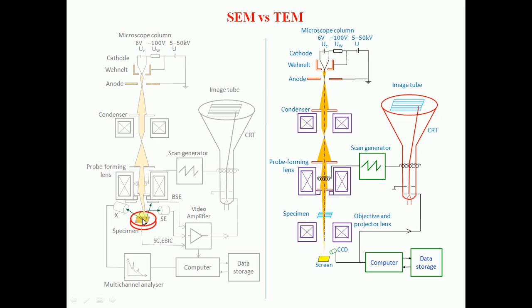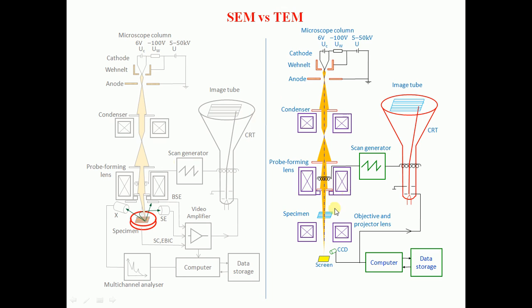When the electron beam is scanned over the sample surface, various types of signal like secondary electron, backscattered electron, X-rays or specimen current or EBIC, etc. are recorded, amplified, analyzed, and the signal is given to the cathode ray tube or the computer screen, and data is stored in case of SEM.